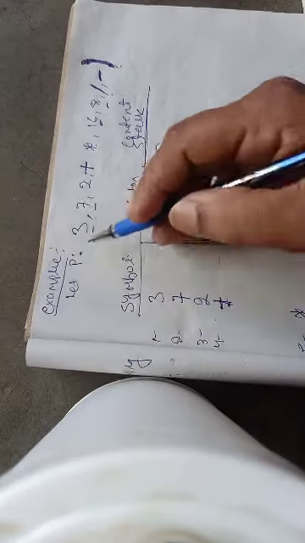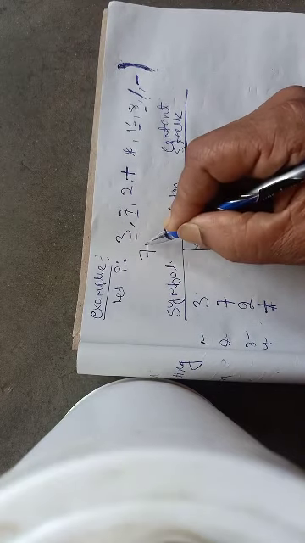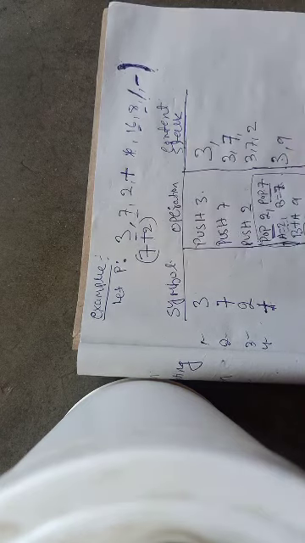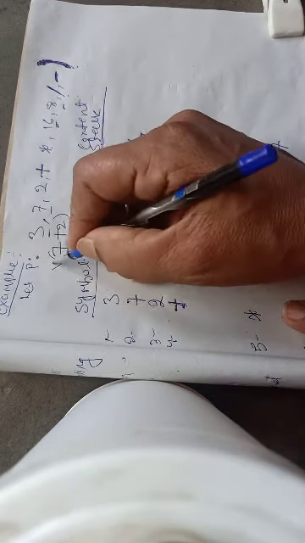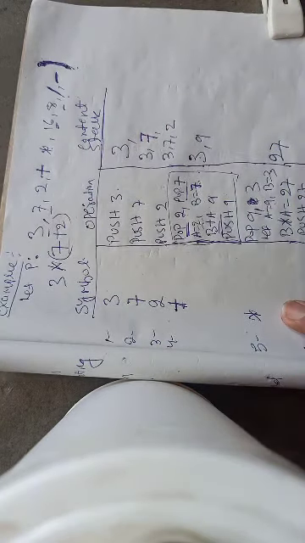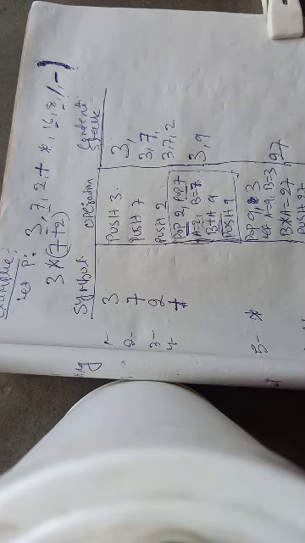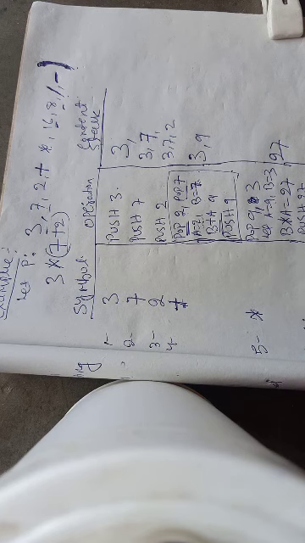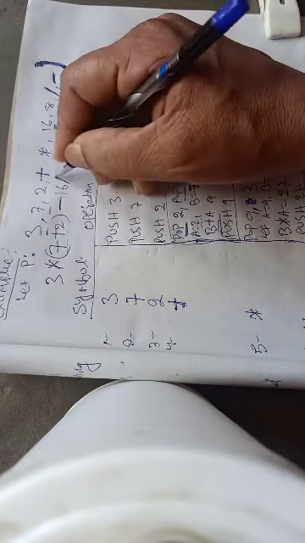If I actually want to write the infix expression for this postfix, let me rewrite it. 7 plus 2, then multiplication is conducted: 7 plus 2 means 9, then multiplied with 3, and then division, and then subtraction minus 16 by 8.